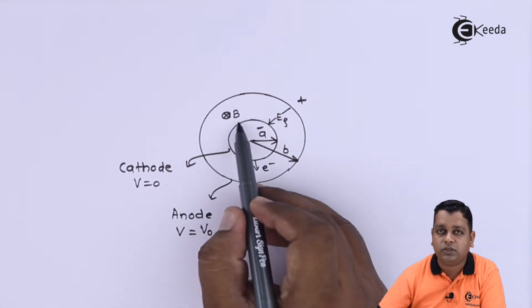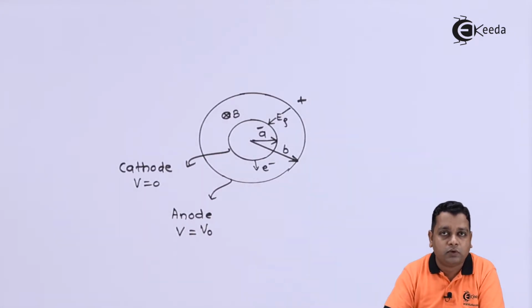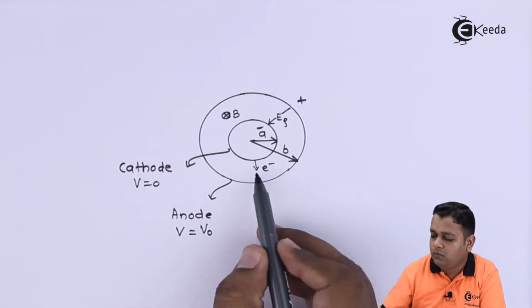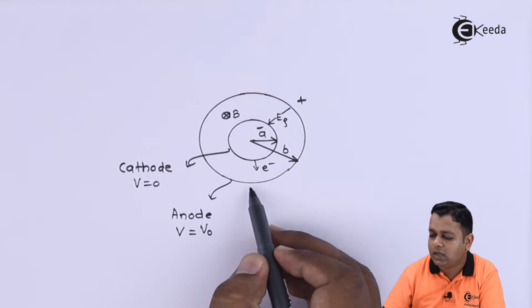The magnetic field is shown already here, and as for any of the vacuum tubes or electronic devices where the electron is the basic entity, it is of course the path of the electron from the cathode terminal to the anode terminal. So here in this diagram we have the path of the electron that is diverted outwards from the cathode towards the anode.